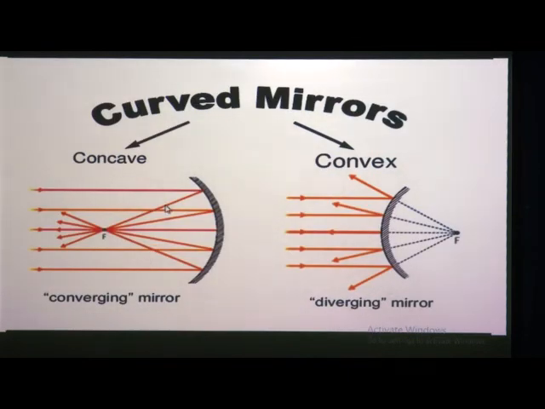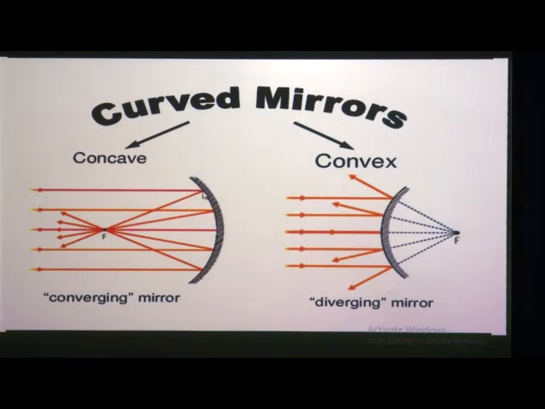Now here you can see, what is the difference between concave mirror and convex mirror? Suppose we are looking at this spoon. Here you can see this is the concave mirror, the inner surface. When you see the inner surface of a spoon, it will look like this.